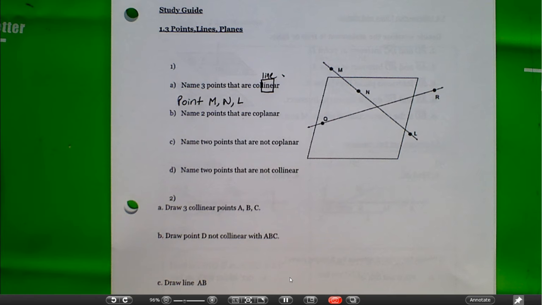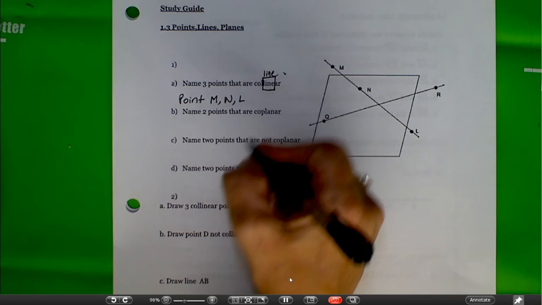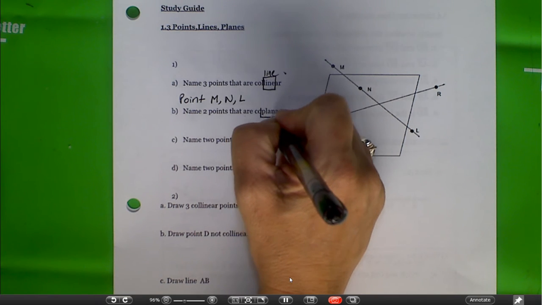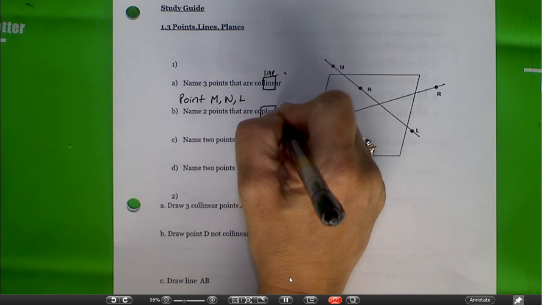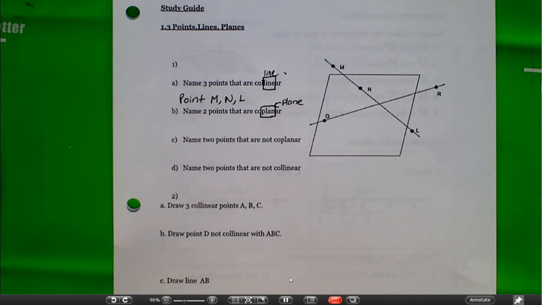Next question: name 2 points that are coplanar. Coplanar means on the same plane, and planar is similar to the word plane. Okay, so I'm going to wait a minute as you write 2 points that are coplanar.